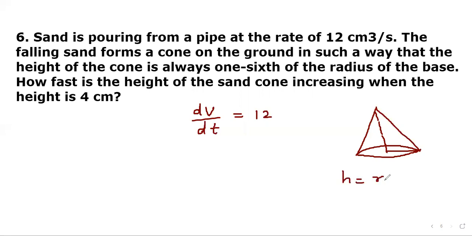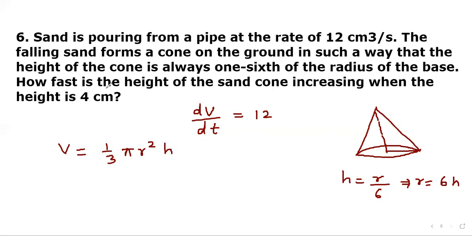H equal to R by 6, or we can use R equal to 6H. And the volume of the cone is V equal to 1 by 3 pi R square H.